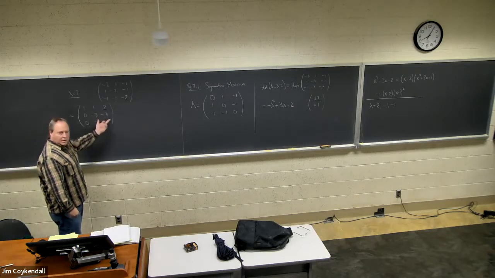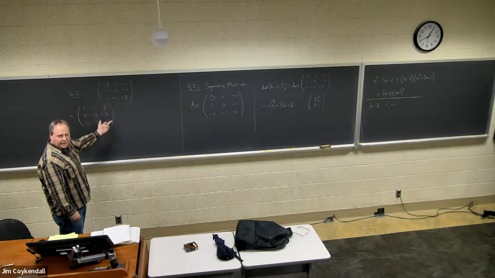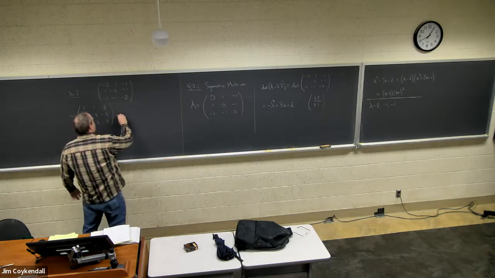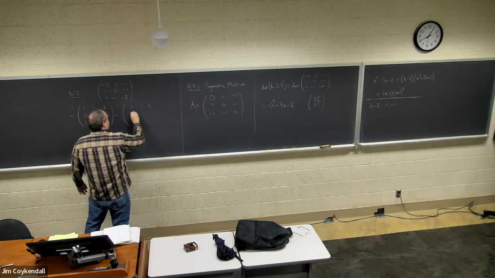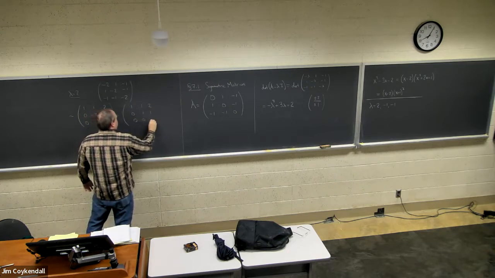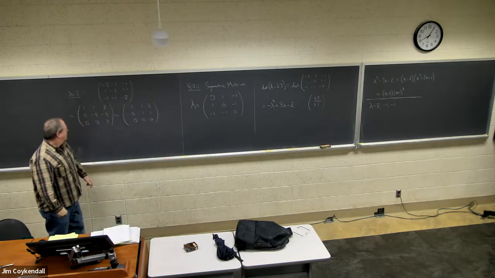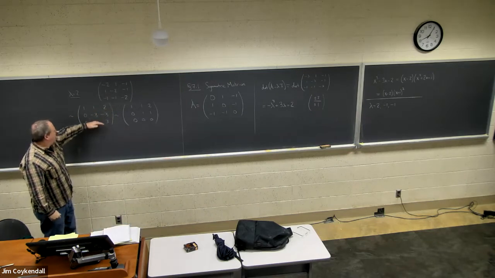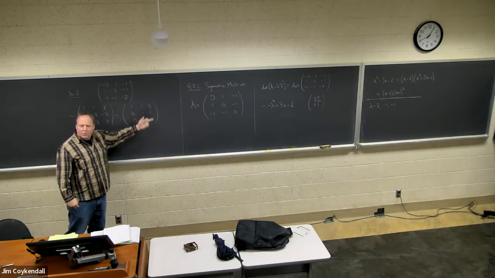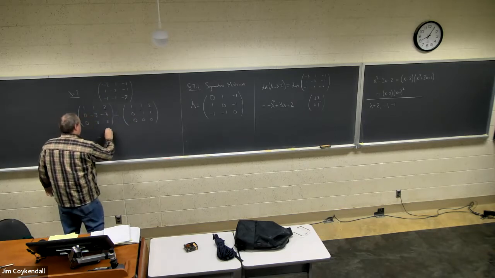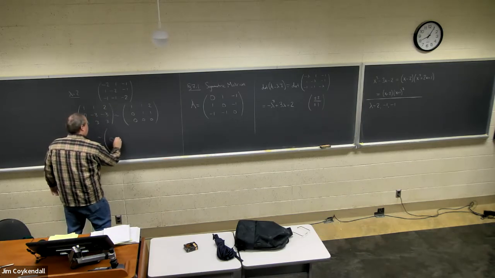Notice these two rows are essentially the same, so I can simplify further. Make that a pair of ones, take that out, and now I've got row reduced echelon form.